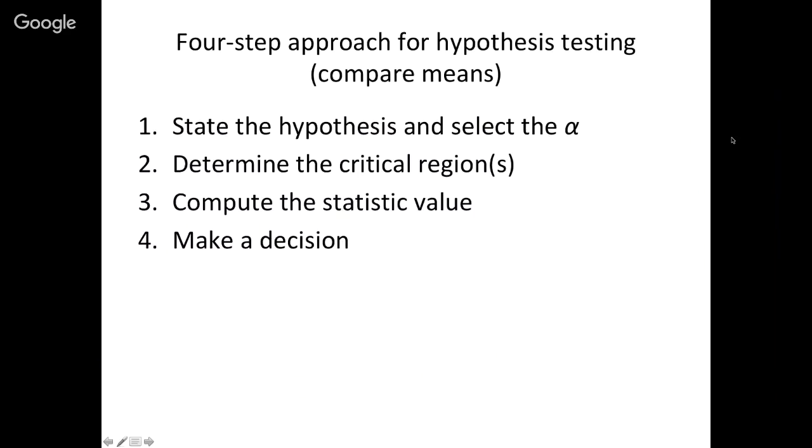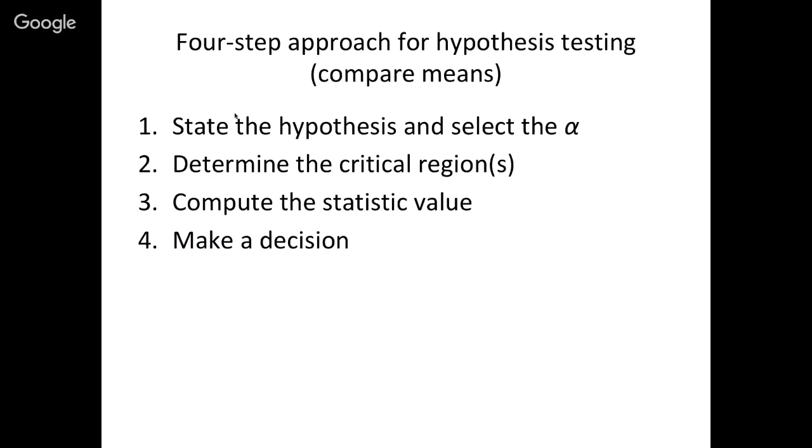For each question, you need to follow the 4-step approach. First step, you have to state the hypothesis. Tell me what is the H0 and what is the H1. And I will give you the alpha level.